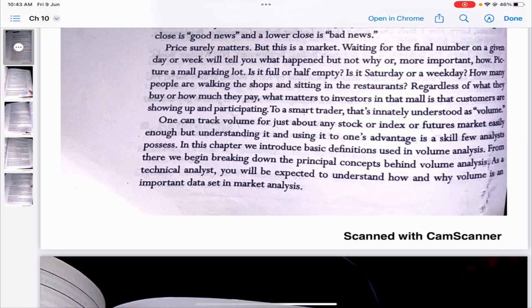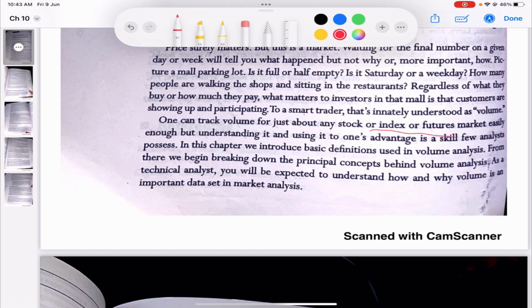One can track volume for just about any stock or index or futures market easily enough, but understanding it and using it to one's advantage is a skill. In this chapter, we are basically introducing basic definitions of volume analysis. From there, we begin breaking down the principal concepts behind volume analysis.